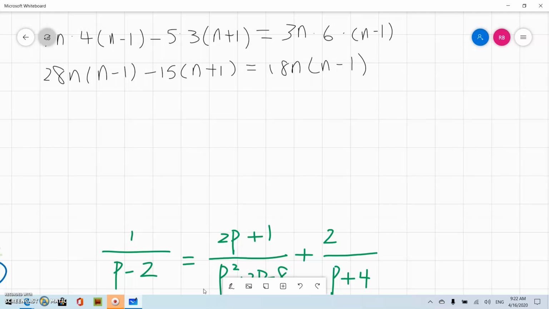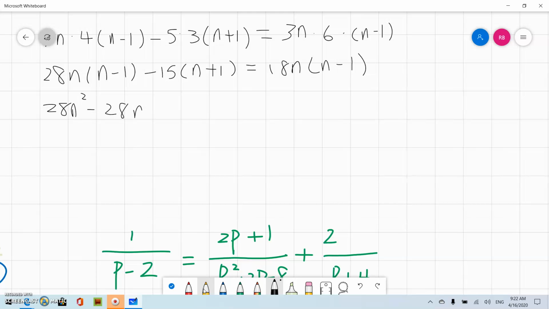So you can tell that there will be some n squares here. So 28n squared minus 28n minus 15n minus 15 equals 18n squared minus 18n. So when you have a variable squared after you simplify everything, my suggestion is move everything to the one side.